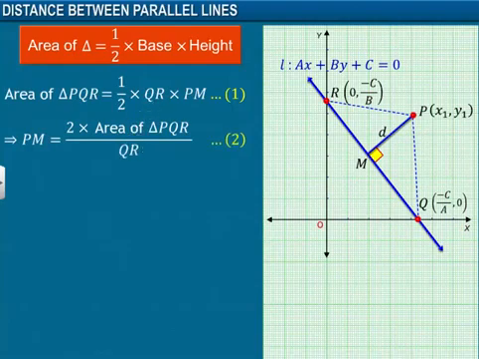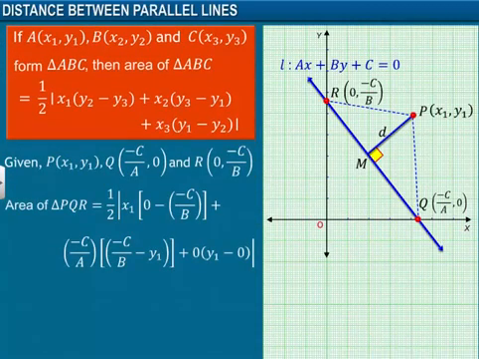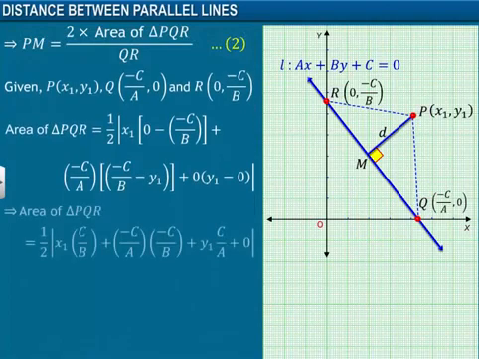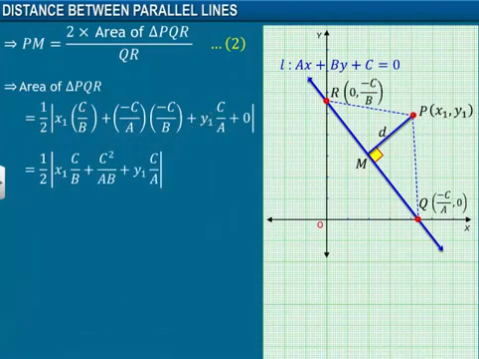Recall the formula for the area of a triangle whose vertices are given. Substituting the coordinates of vertices P, Q and R in the formula for the area of triangle and simplifying, we get the area of triangle PQR as 1/2 into modulus of C/AB into modulus of Ax1 + By1 + C. Let this be equation 3.